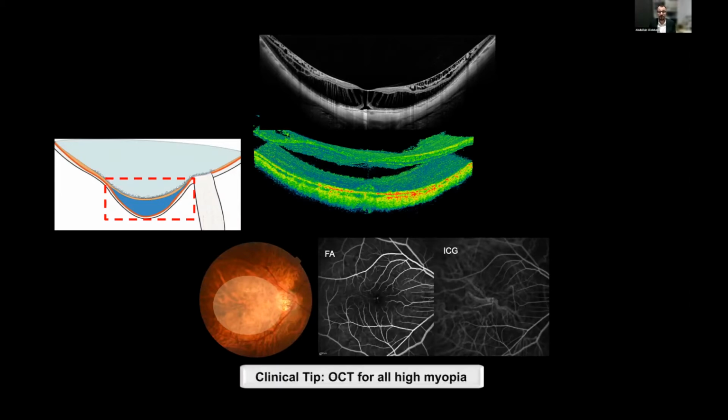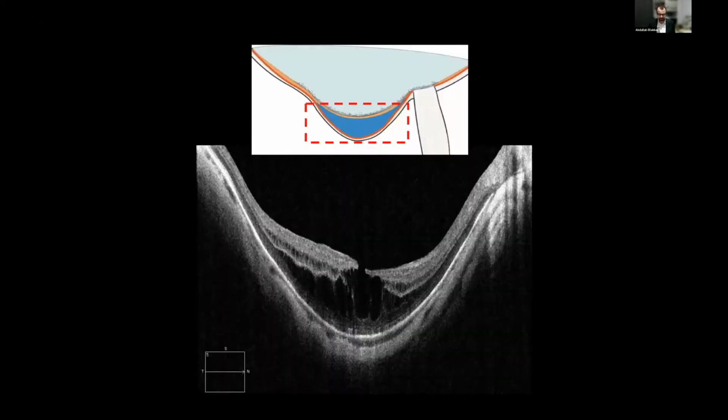That's why I often recommend performing OCT, at least OCT and better OCTA as well, for all patients with high myopia, especially those coming with any level of visual symptom.